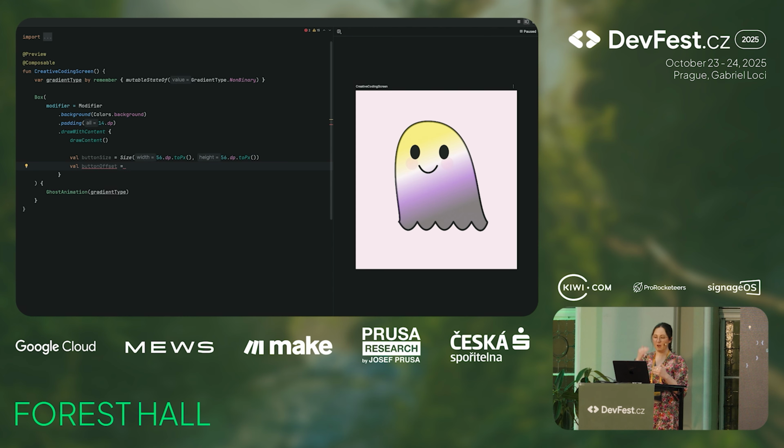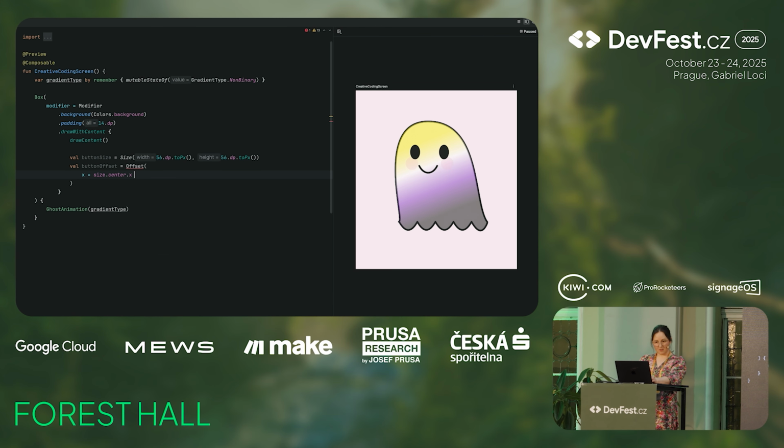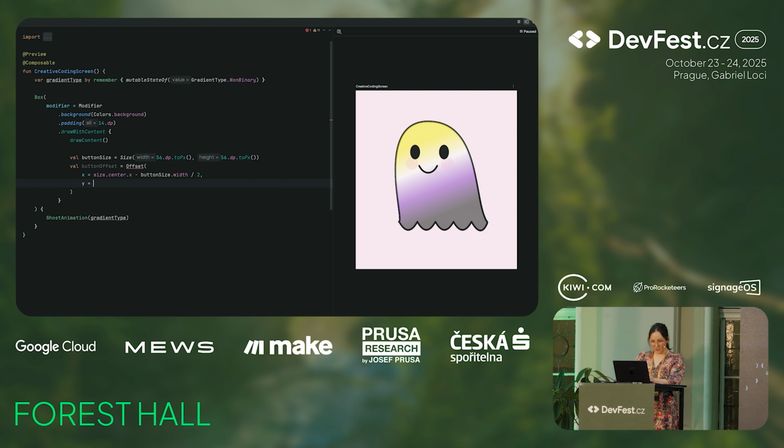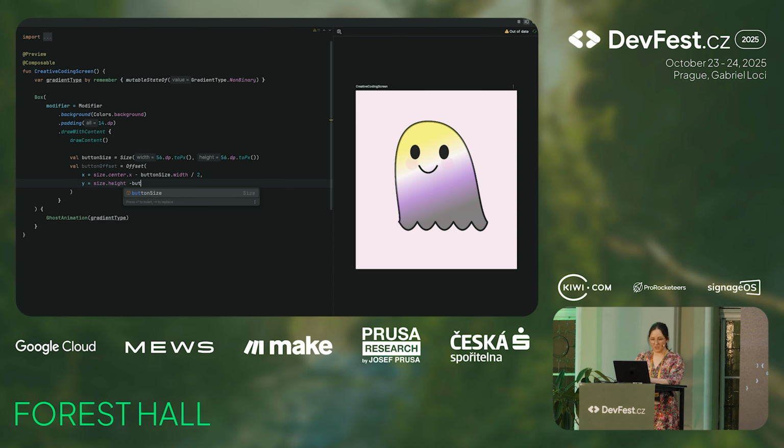Right now, it's going to be under the ghost in the center. So I'm just going to define the offset here. The x would be the size of the canvas's center x coordinate minus half of the button size, or width, because we want to center it. And then the y coordinate would be the height of the canvas minus the button size height.